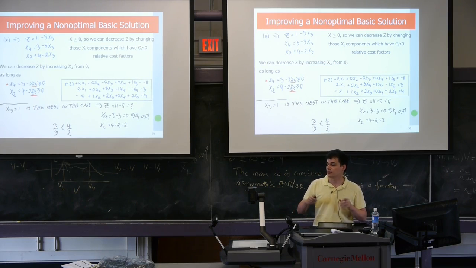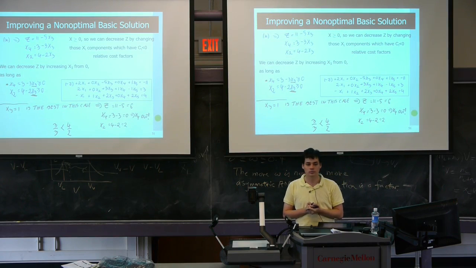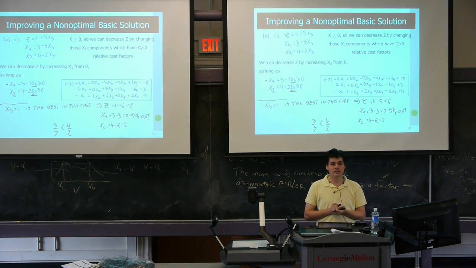In other words, x4 will go out from the basic variables, and x3 will come into our basic variables. And in this way, we minimize z, it got a smaller value. How clear is this? So that's a crucial step in the simplex algorithm. If you understand this, then you understand the whole simplex algorithm.